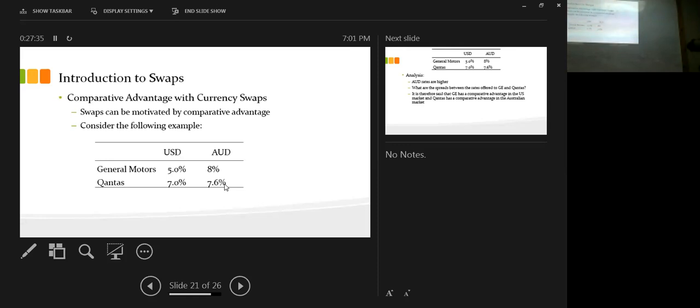Similarly, another multinational in a particular country can borrow at a lower rate compared to myself. So how I always want you to look at this is always like this, not like that.